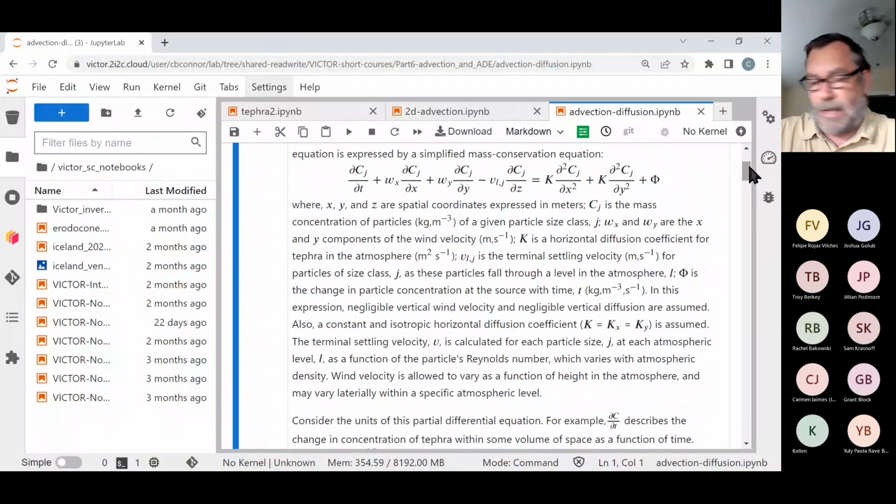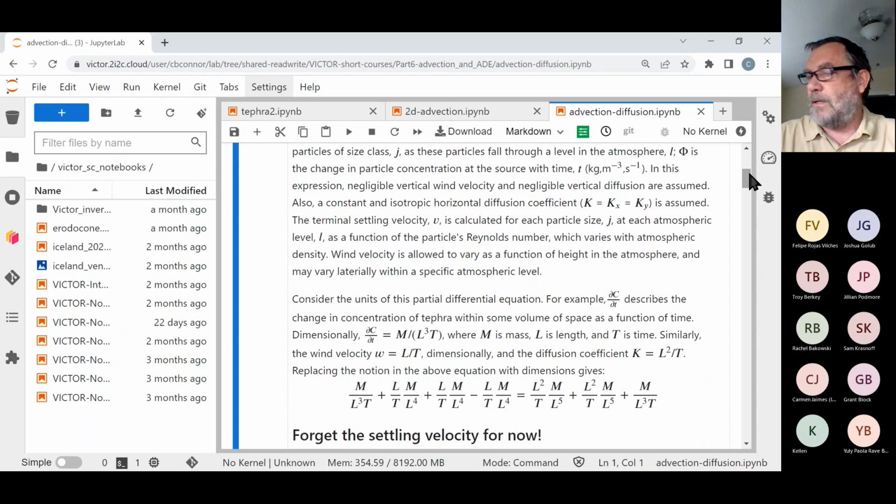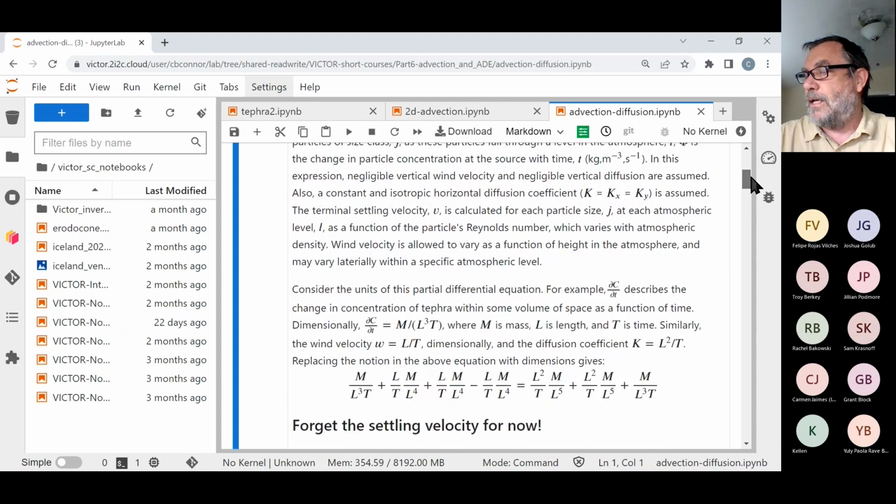One is I want to remind you that if you happen to be a little intimidated by this equation, I know the first few years I used it, maybe a few decades I used it, I was a little bit intimidated by the equation, but I relax when I look at the units of these expressions. So here I'm just using essentially a dimensional analysis.